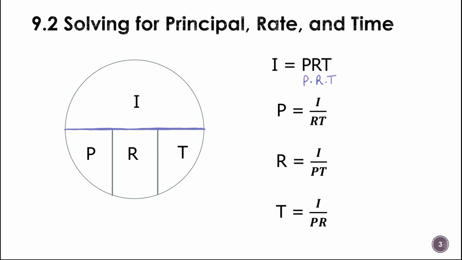And so if I am trying to find R, this is gone, and I is divided by P times T. If I'm looking for T, then I don't have anything there, and I'm going to take the I and divide it by P times R. And then of course the main thing is getting numbers where they belong and calculating correctly.